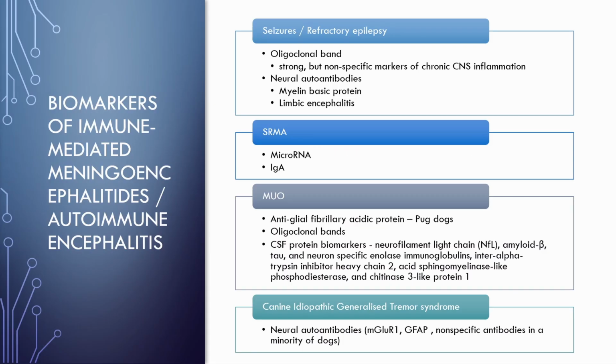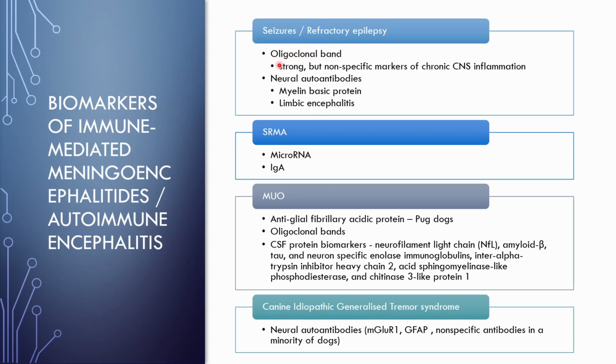What we'd also really like to have is the markers of immune-mediated diseases and the autoimmune encephalitis, which is really a sort of area which there is a lot more tests for in humans. There is a population of dogs that have refractory epilepsy that probably have some kind of autoimmune process. And trying to identify those would be very useful.